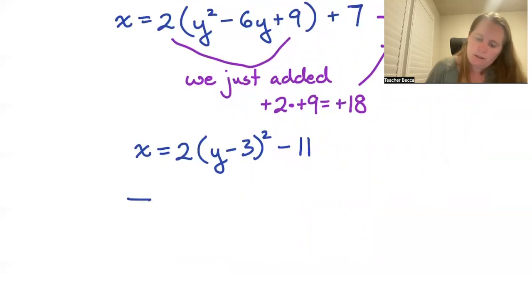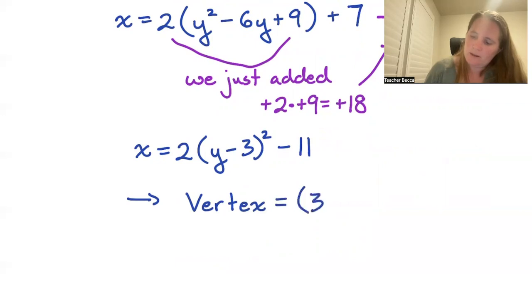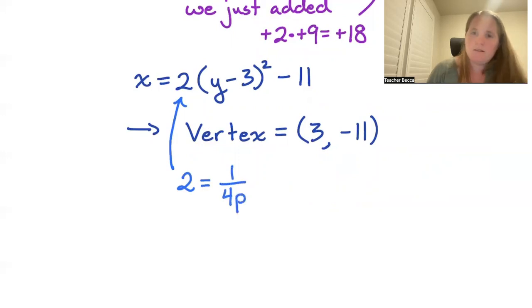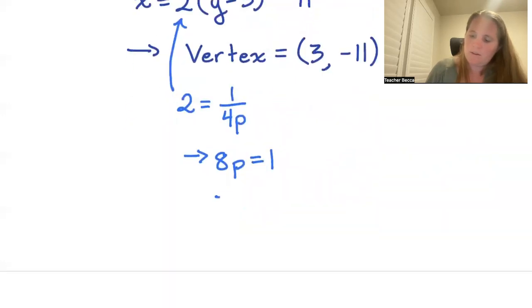So we have a vertex of (3, negative 11). We know that this 2 out front is 1 over 4p. Or in other words, 8p equals 1. And so we have p is 1 over 8.